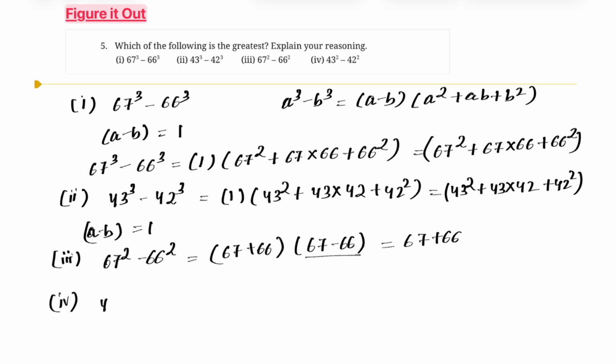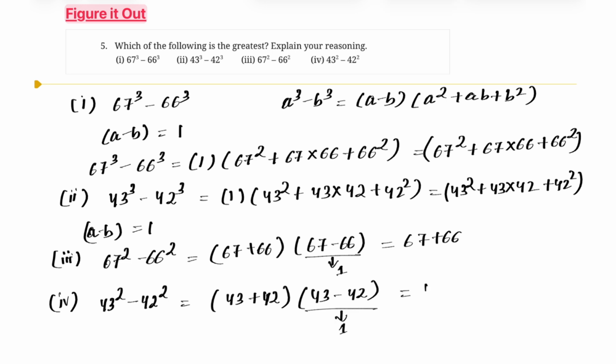If we solve 43 square minus 42 square, here also we can use the a square minus b square formula, and a minus b is 43 minus 42, which equals 1. So the final answer is 43 plus 42.